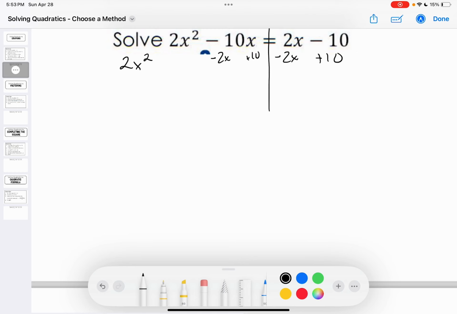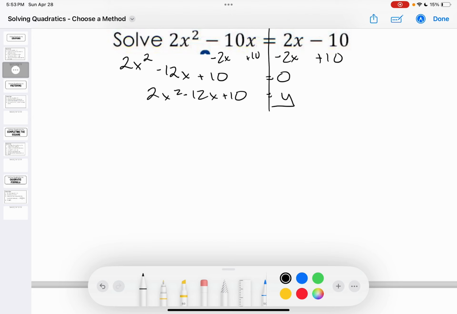So we're going to have 2x squared minus 12x plus 10, and that will be 0. Again, we're basically just going to rewrite this as 2x squared minus 12x plus 10 equals y, now that it's equal to 0. So that's what we're going to graph.